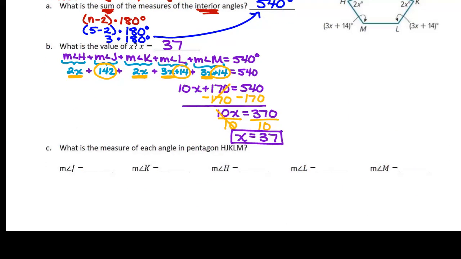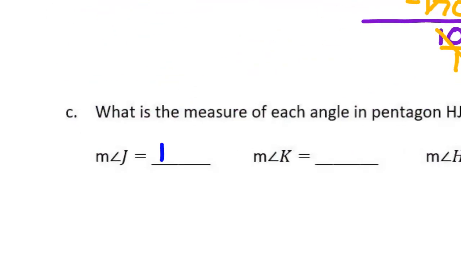Okay, so now we can go in and give the measurement of each of these angles in degrees, not as an expression. Angle J came out to be how big? 142. We didn't have to do anything for that. That was actually given to us on the figure. Angle K, what do we need to do to find angle K?